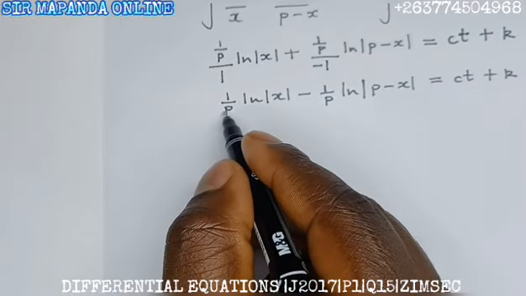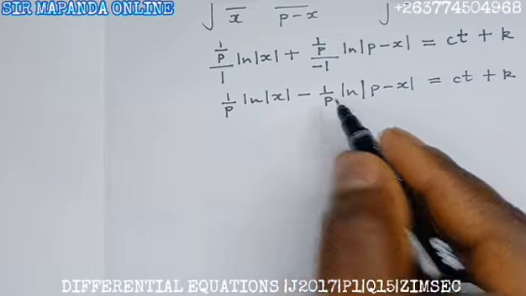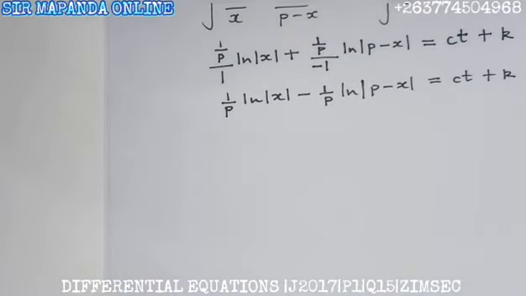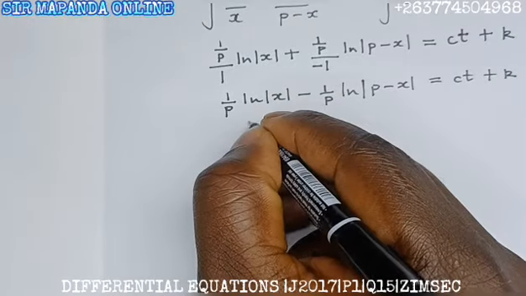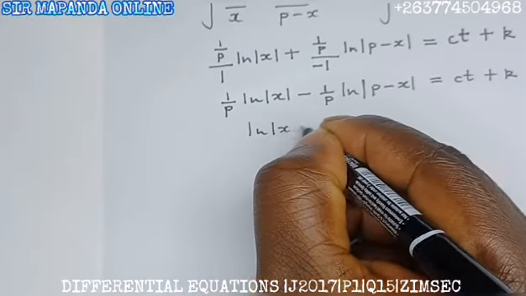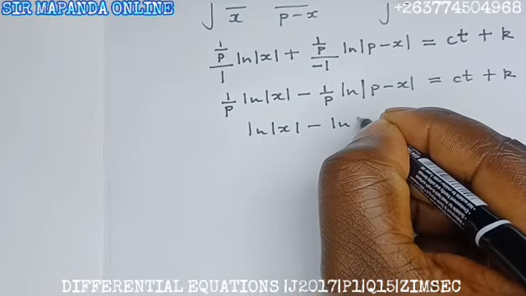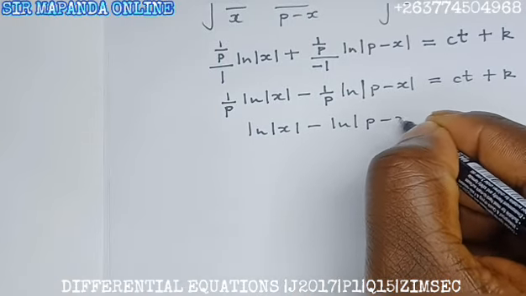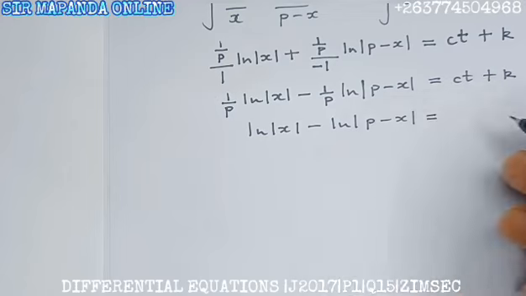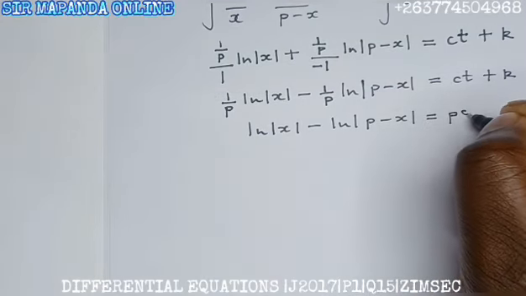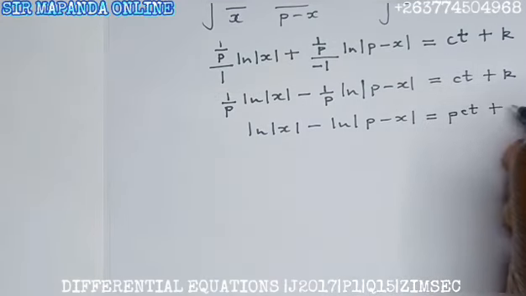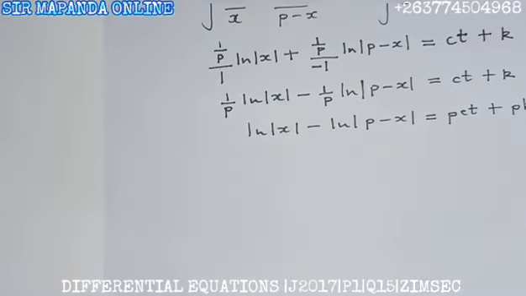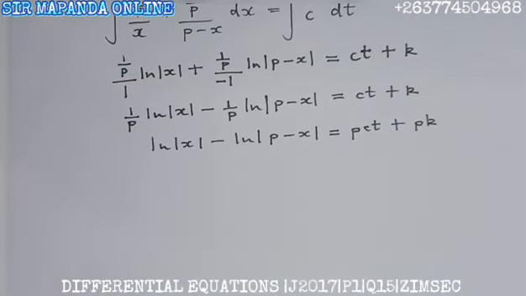Then you multiply throughout with p, right? You get ln x minus ln p minus x is equal to pct plus pk, where p is the lowest common multiple.